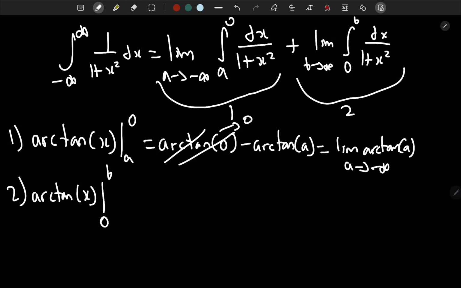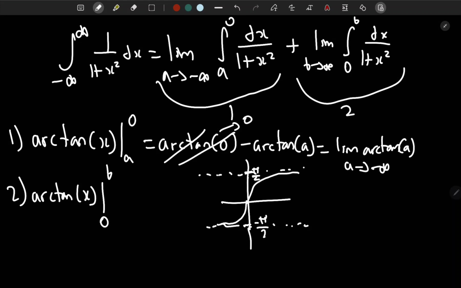And now to be able to solve this limit, we need to go back to the graph of arctan. So the graph of arctan is pretty simple. Let's call this pi over 2, and this is negative pi over 2. Let's draw two dotted lines over here, and the graph of arctan is approaching pi over 2 over here and approaching negative pi over 2, and it can never go higher than that.